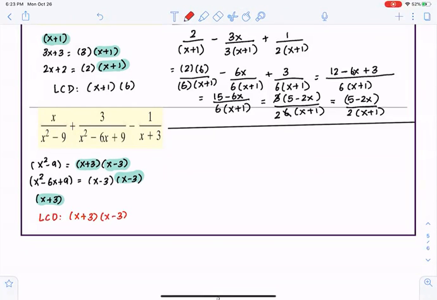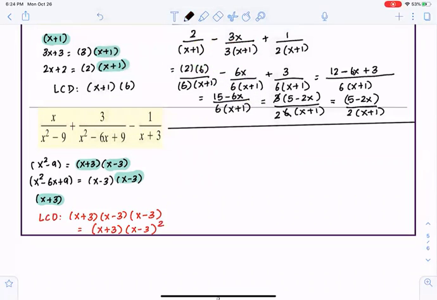And if we look at the second denominator, it has an additional x minus 3. Not only that, the second denominator is x minus 3 squared, which is missing entirely in the third denominator. So the least common denominator has to be x plus 3 times x minus 3 times x minus 3, which would give us x plus 3 multiplied by x minus 3 squared as the least common denominator.